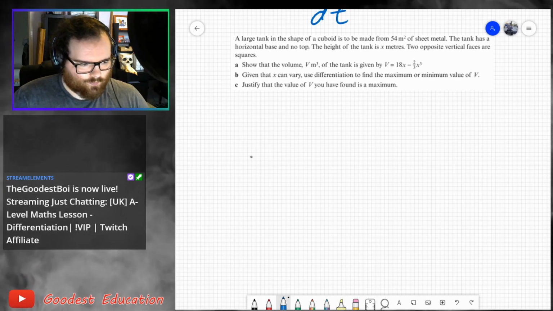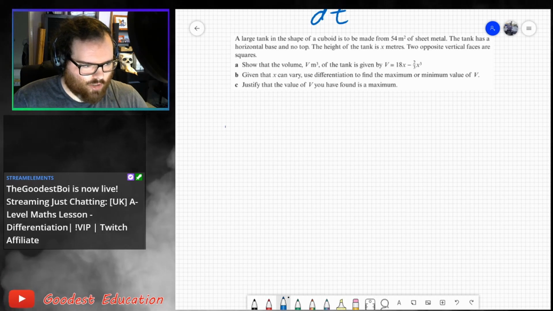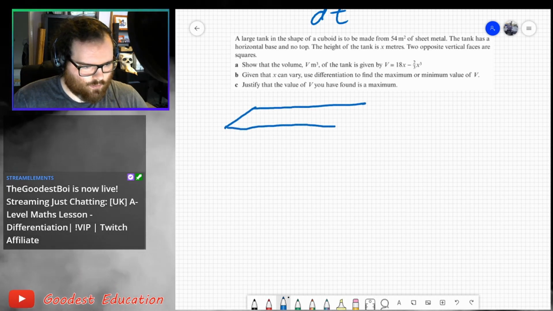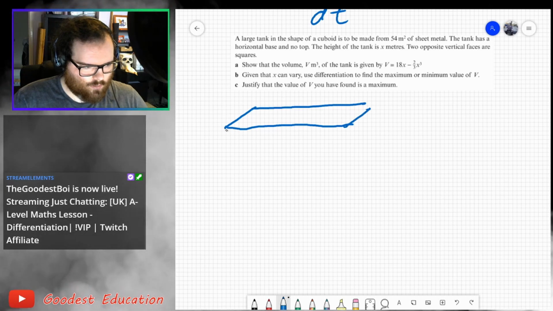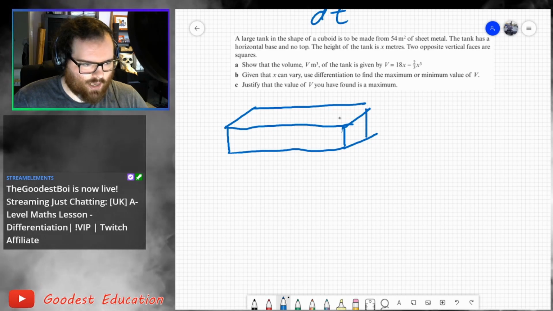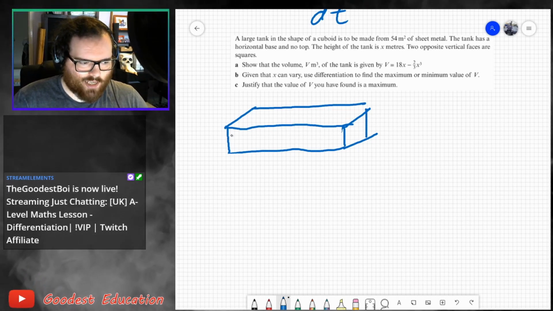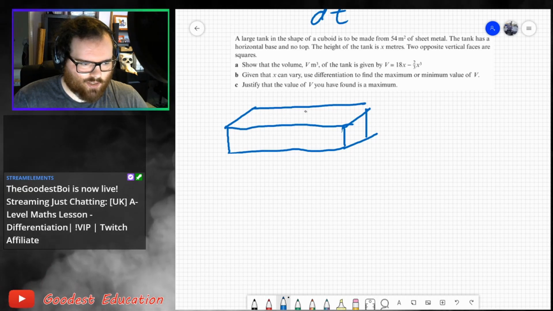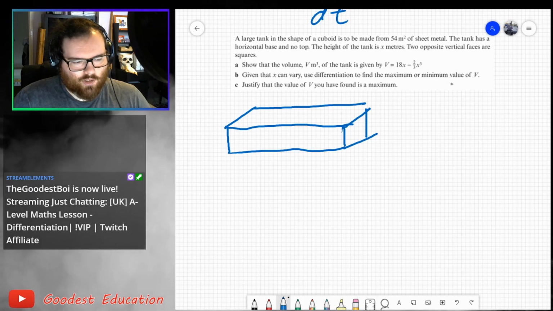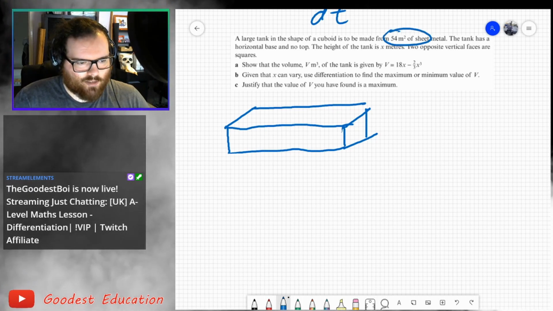So what's always best to do is we want to first draw this out. We're going to have a tank here. It's not going to have a lid on it, so we're going to have this face, this face, a face on the other side, and then a face on that side, and then a face at the bottom. Looking at the information that it gives us, we've got this amount of sheet metal here.